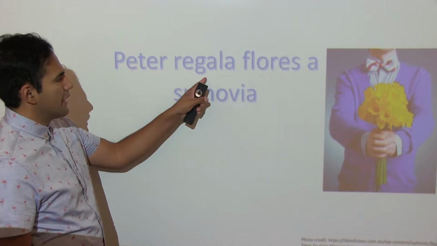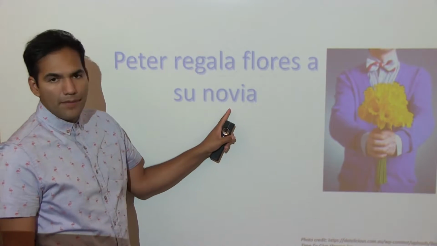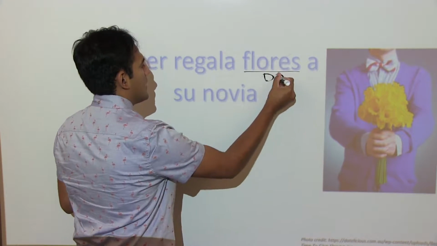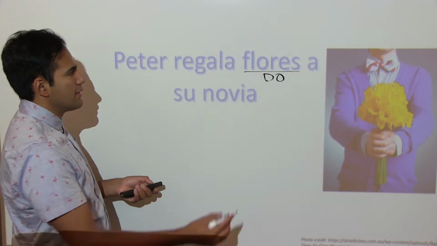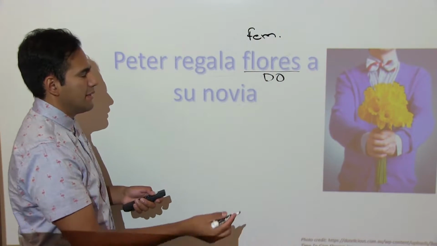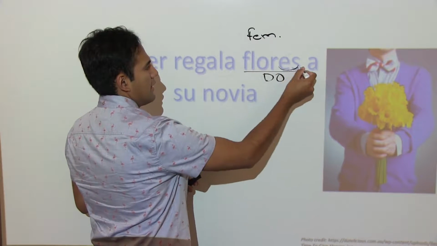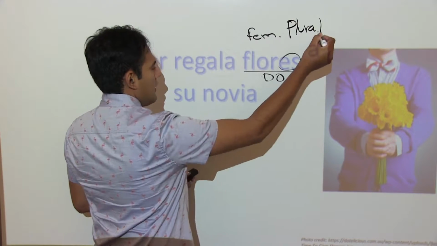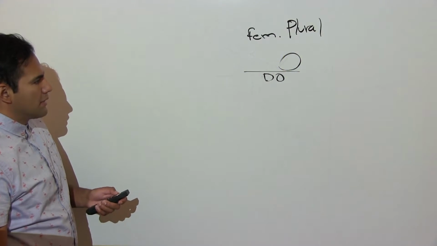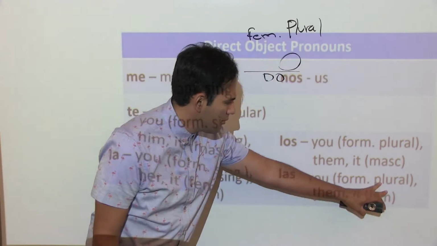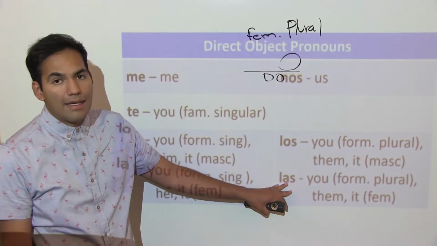Okay, so now let's do another exercise. Peter regala flores a su novia. We know that flores is our direct object, and flores is a feminine direct object, and it's plural. So if we go back to our table, feminine plural is las.